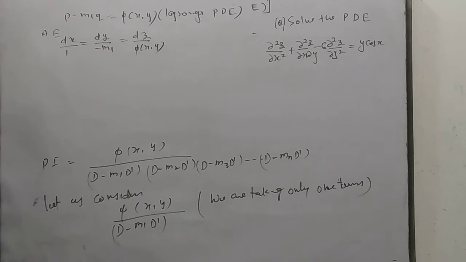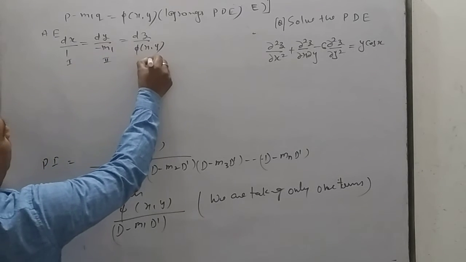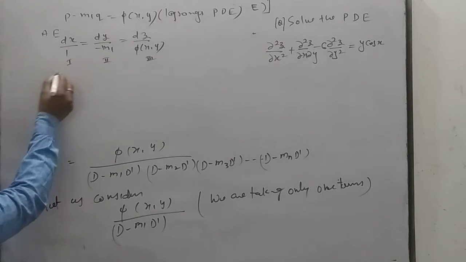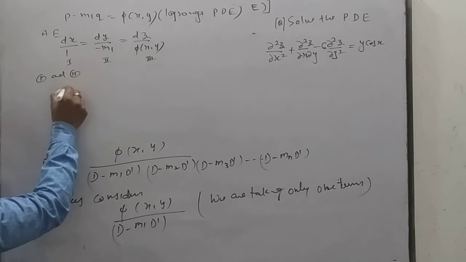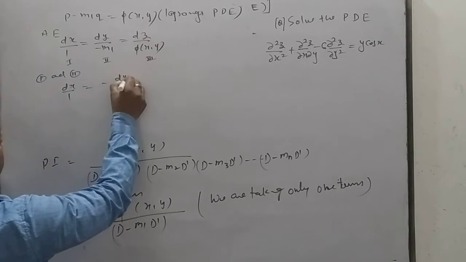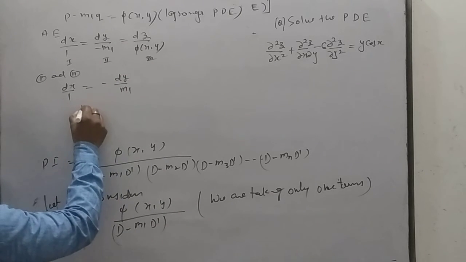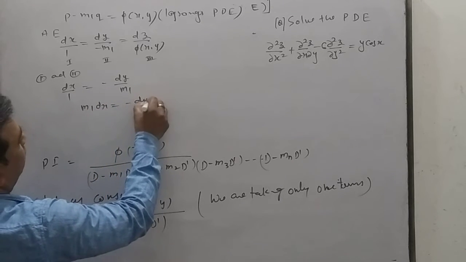We get three terms, first, second and third. We take the first and second terms: dx over 1 equal to dy over minus m1. Cross multiplying, m1 dx equal to minus dy.